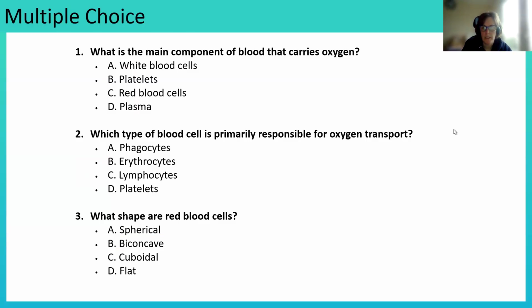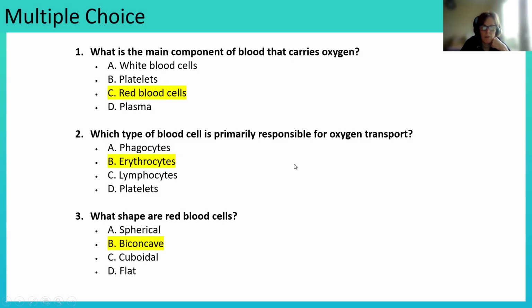And what shape are the red blood cells? Okay, I'll put those up.